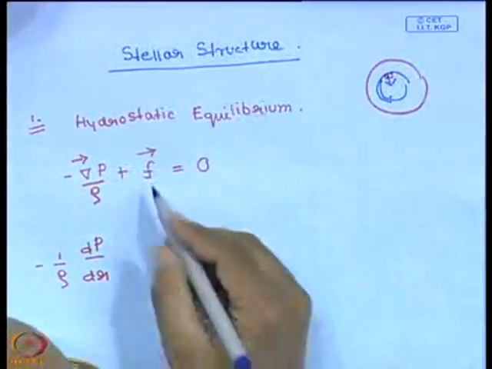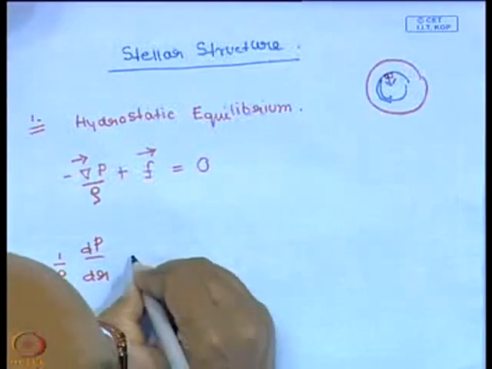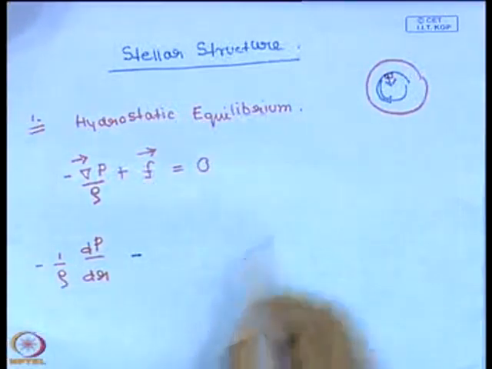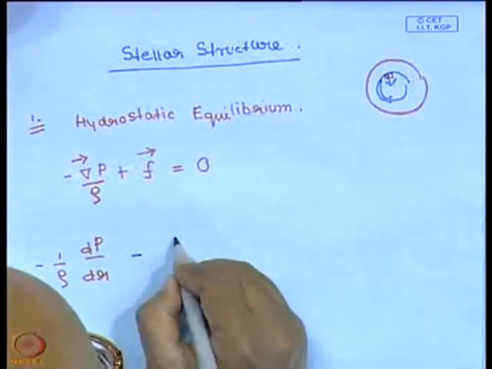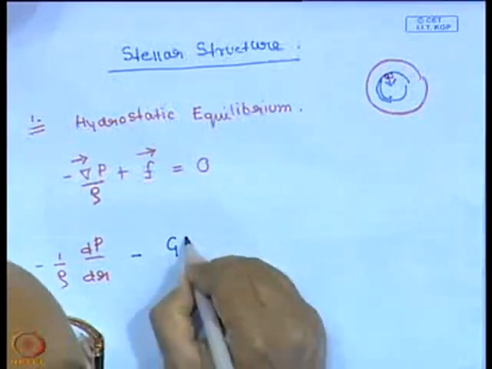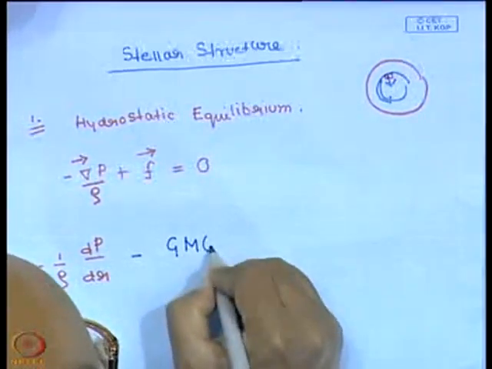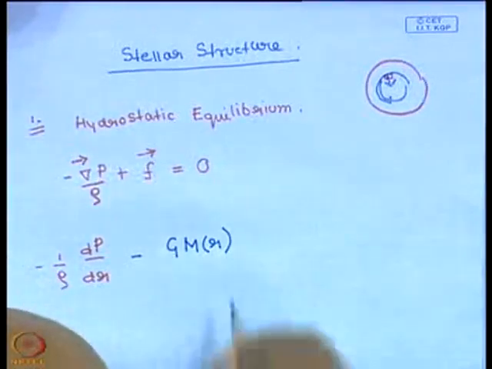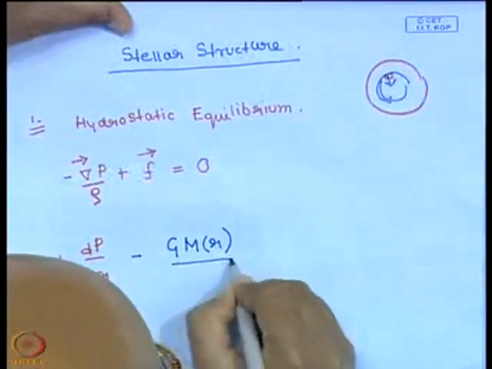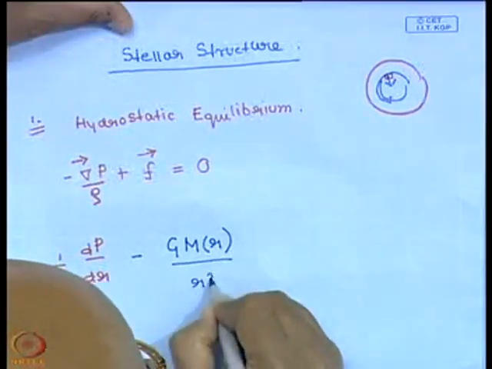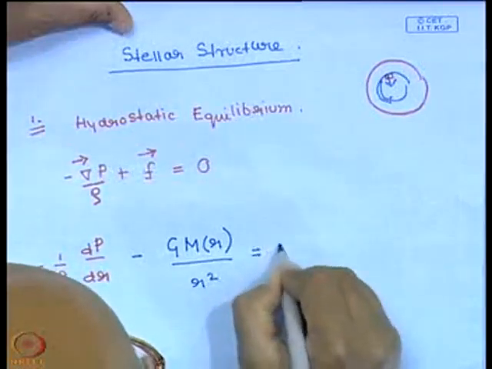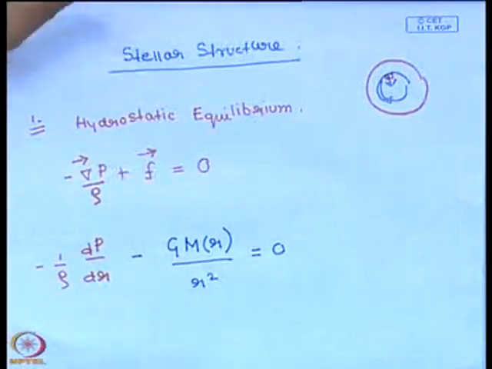So, this is going to be equal to minus the gravitational acceleration, G m(r) by r square, is equal to 0.